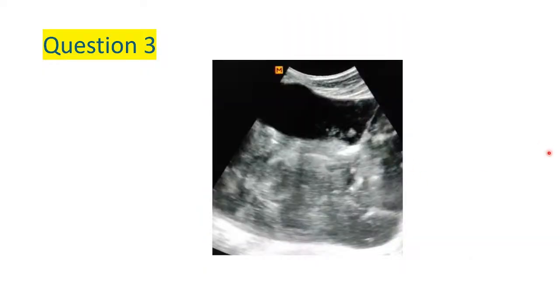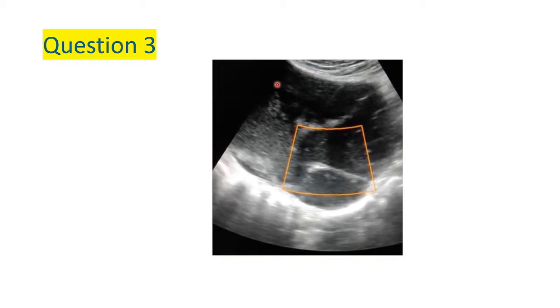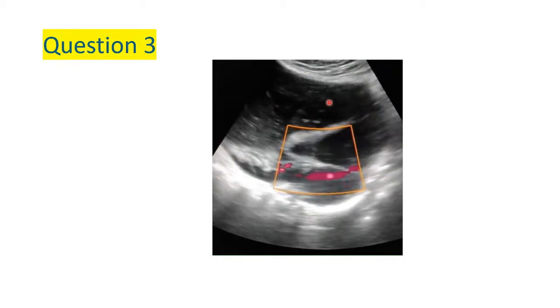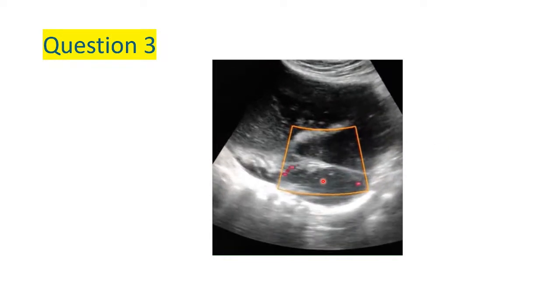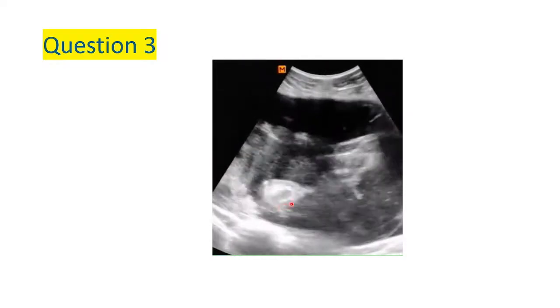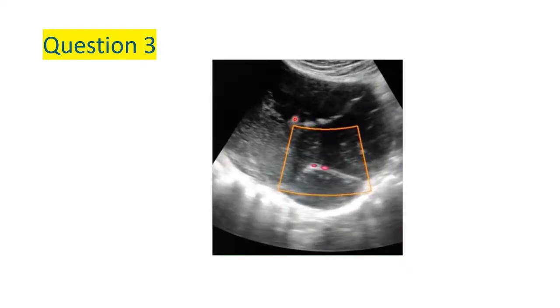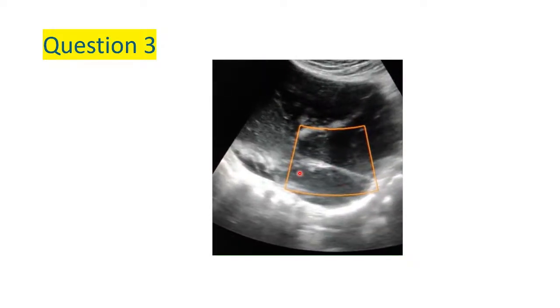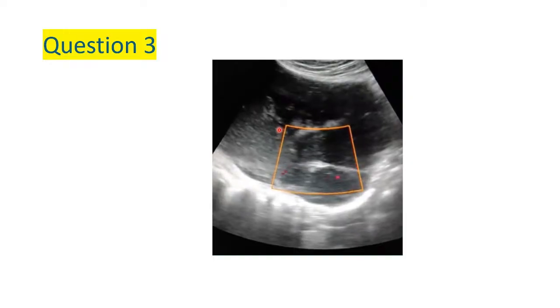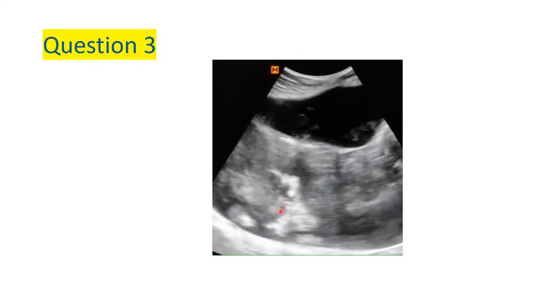Question number 3. So there you see we've got a huge mass there, and then you can see there's some more blood flow on power Doppler there, and you can see there's some solid components there, but they are sedimenting by gravity, because you can differentiate the mass from the fluid on ultrasound. So that demarcation tells us that there is some debris inside.